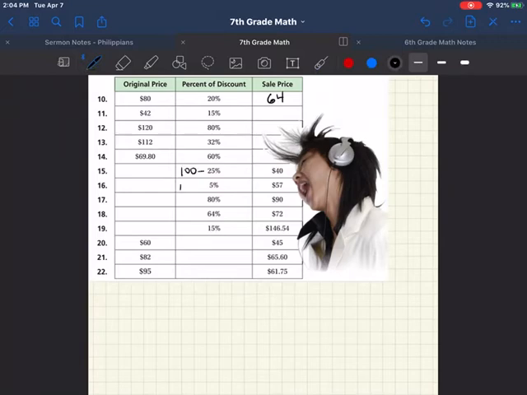So all of these, we want to subtract 100% minus these, so we know what we're going to use. In this one we're going to use 75%, in this one 95%, 20%, etc. So let's just do this first one.